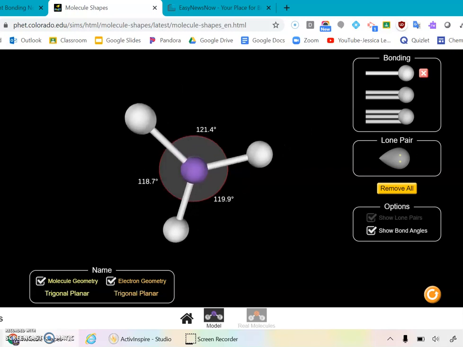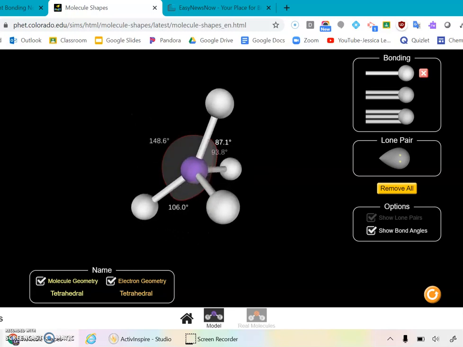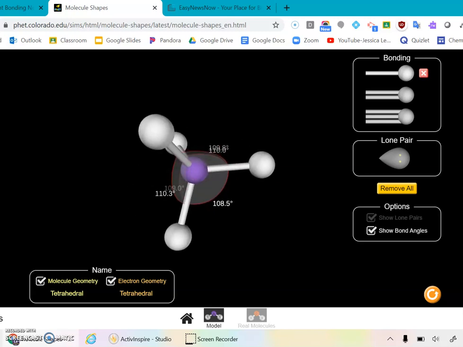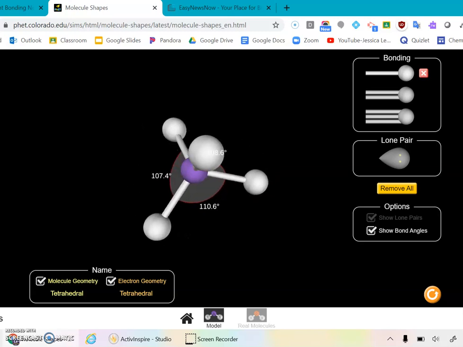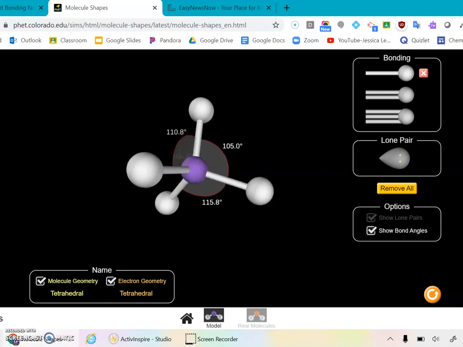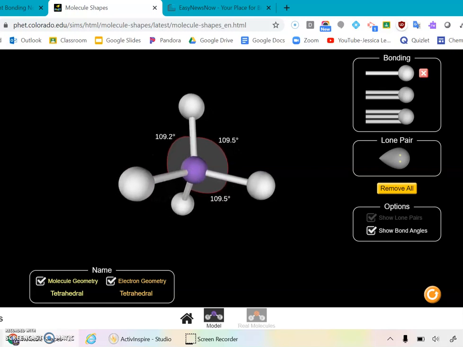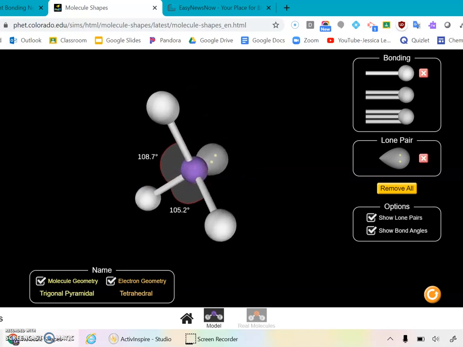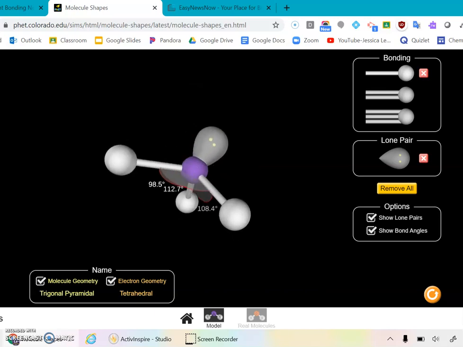Four things around the central atom is going to be a bond angle of 109.5 degrees. Notice it is definitely not 90. It's more than 90. You can see how this thing is coming towards us and these others are going away, and they show you the exact geometries of those. If I get rid of one but replace it with a lone pair, you see the difference between the tetrahedral shape and that trigonal pyramid and trigonal planar.